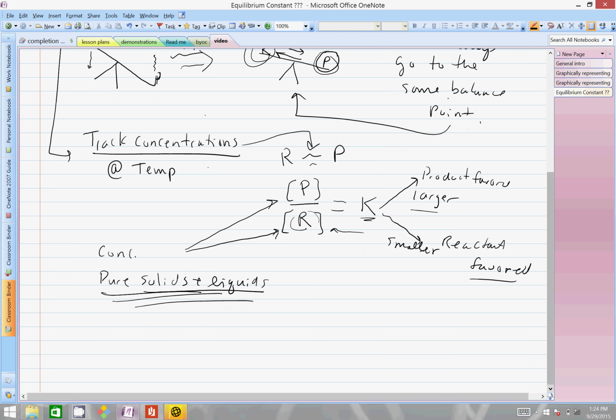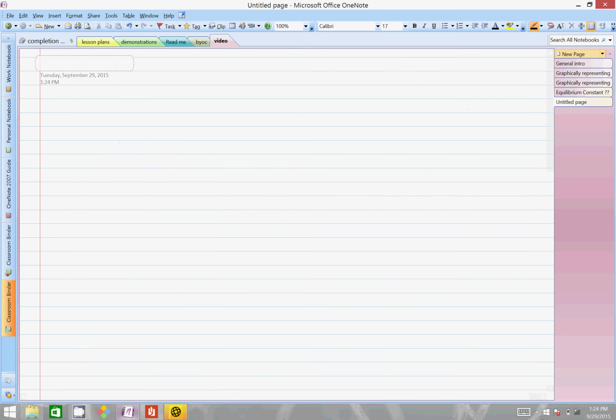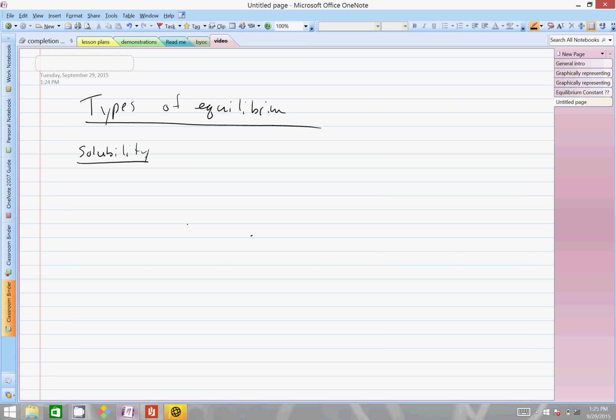Let's just take a moment and talk about a few of the different types of equilibrium. We really don't deal with that many types of equilibrium, although they literally are everywhere. The basic types that we will deal with strictly, one is solubility. Anytime you have an equilibrium, you have two processes that are competing back and forth against each other.